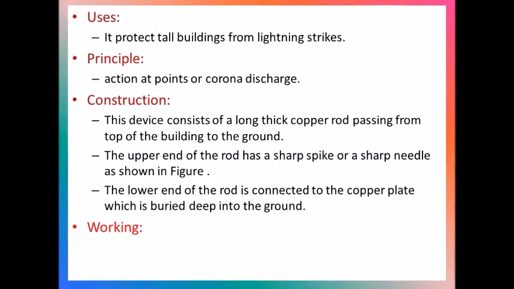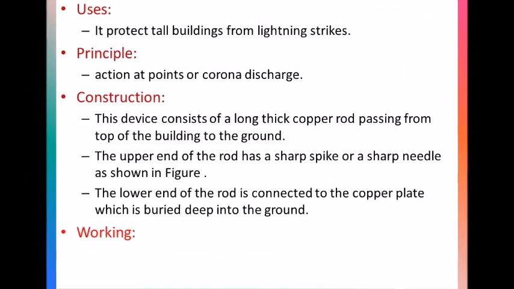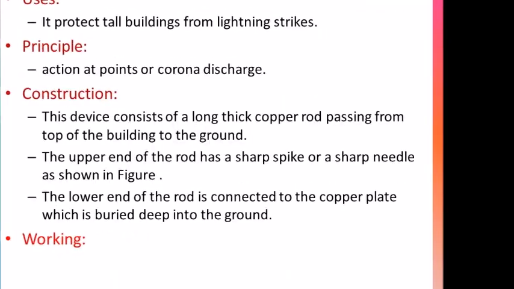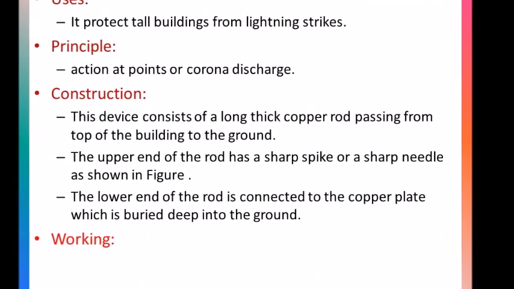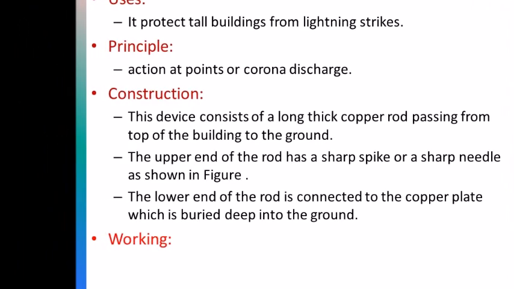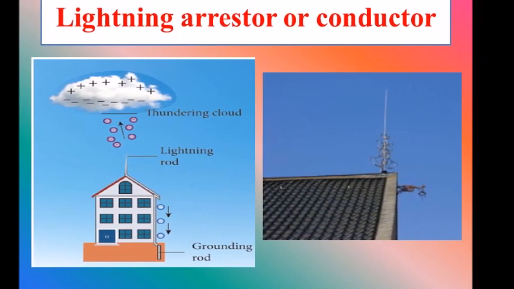This device consists of a long thick copper rod passing from the top of the building to the ground. The upper end of the rod has a sharp spike or a sharp needle as shown in the figure. The lower end of the rod is connected to a copper plate which is buried deep into the ground.